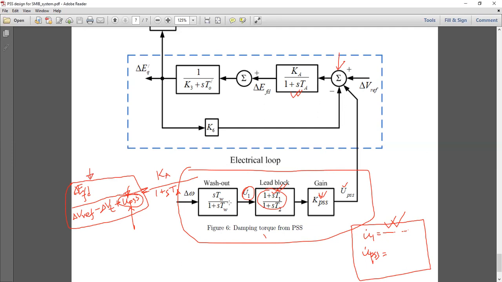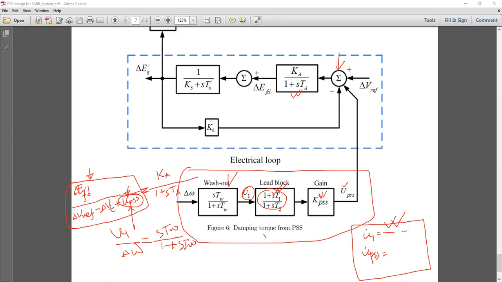When you do that, I hope you can do the simplification calculation now. If you want U1 dot, you simply take the washout block as the transfer function between the output and the input. So output is U1, input is del omega: U1 by del omega equals STW over 1 plus STW.